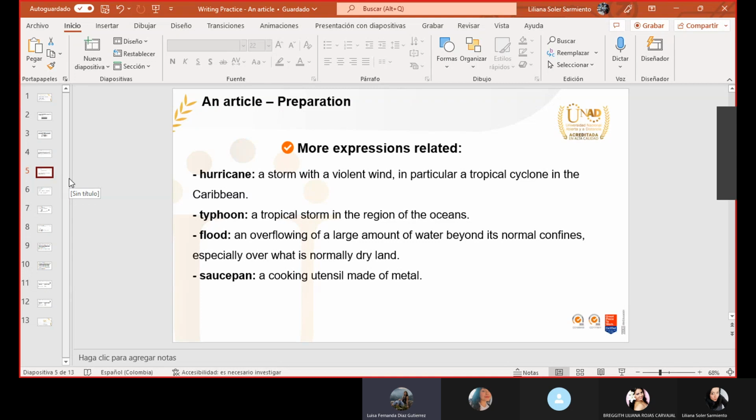Hurricane: a storm with a violent wind, in particular a tropical cyclone in the Caribbean. Cyclone, yes. Thank you. A storm with a violent wind, in particular a tropical cyclone in the Caribbean.